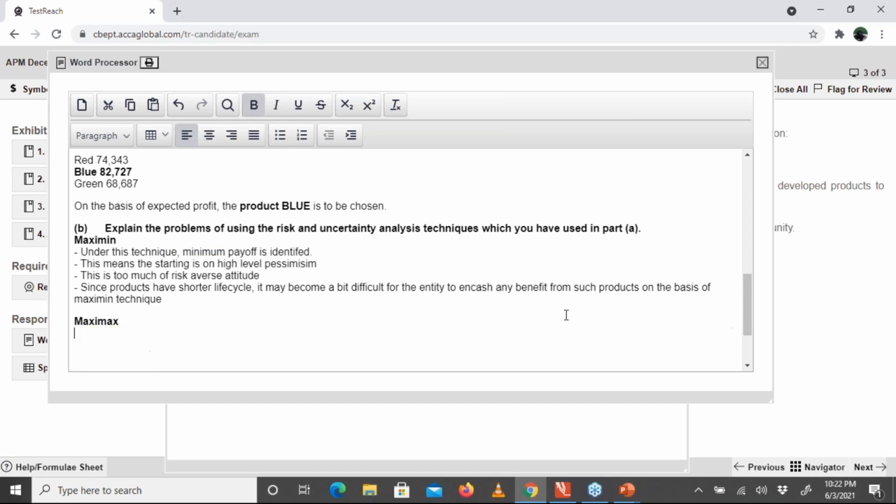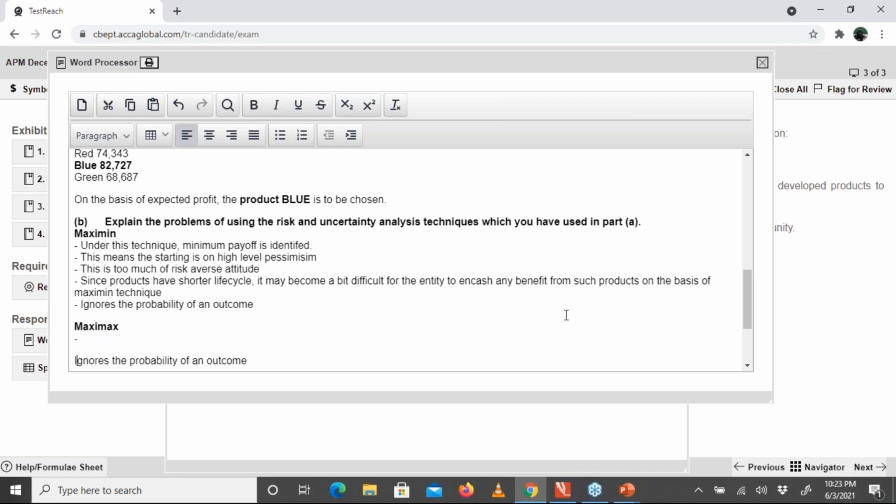Now with respect to the Maximax, which is highly optimistic, the director's objectives are not aligned to that of the shareholders.